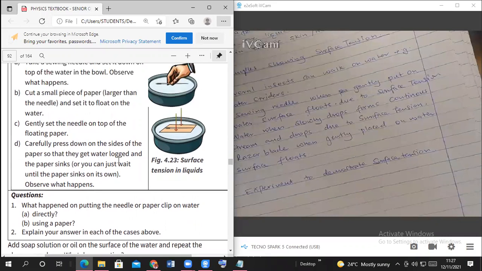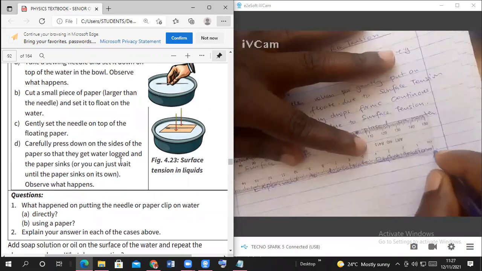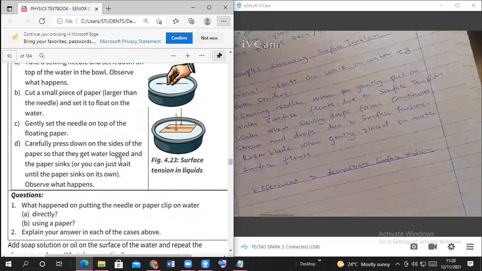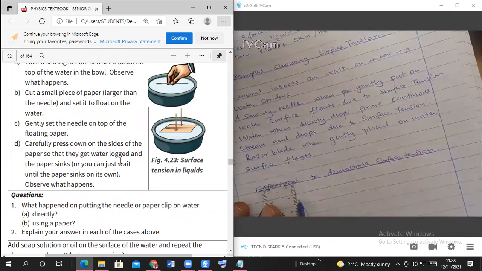Are we together? An experiment to demonstrate surface tension. So you draw this diagram here.